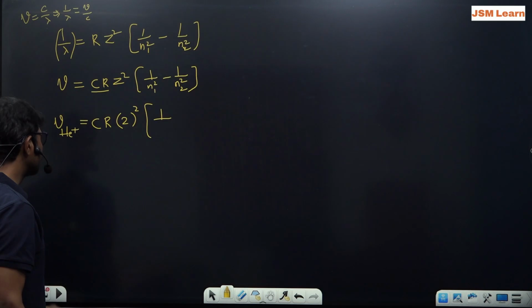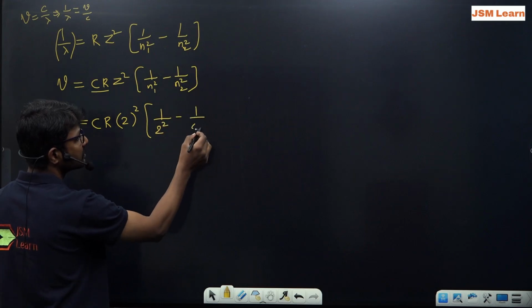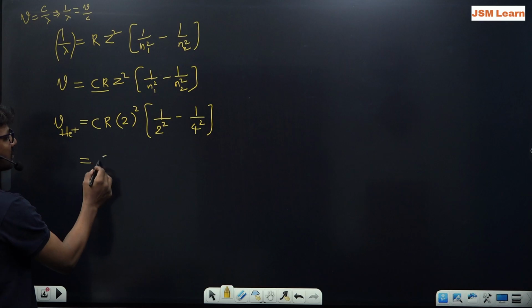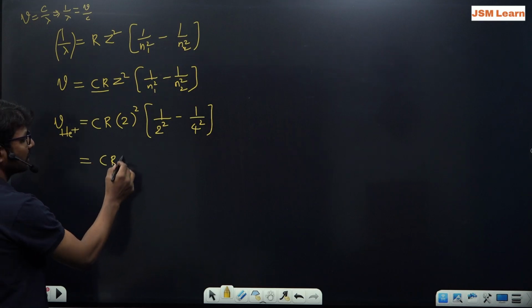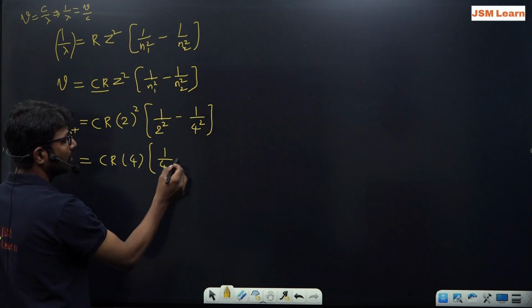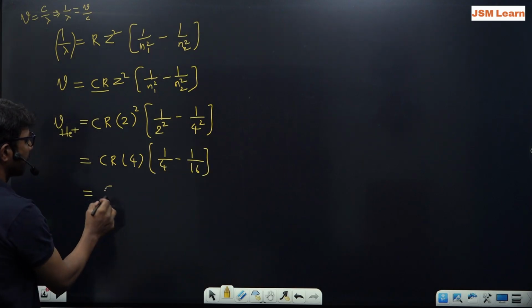Substituting these values, we get c R 2 square into 1 upon 2 square minus 1 upon 4 square, that is 1 upon 4 minus 1 upon 16.